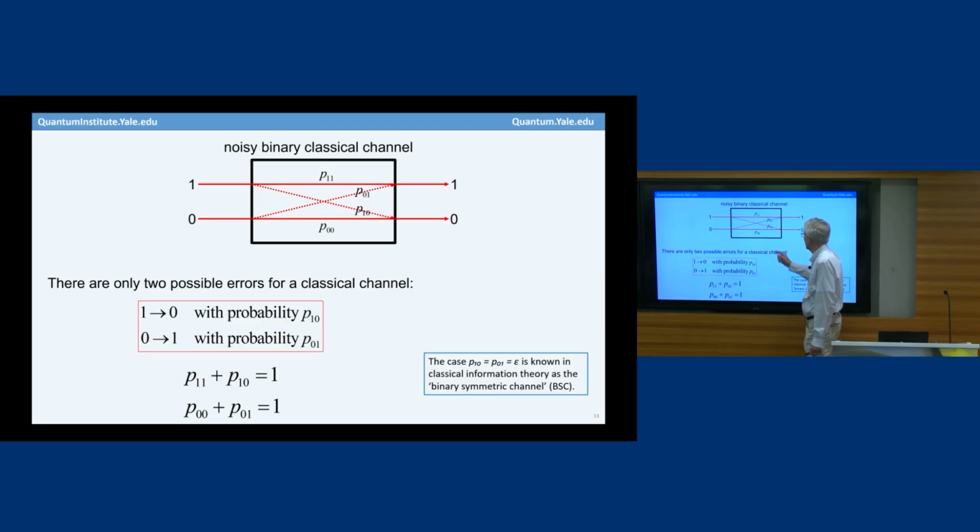And since a 0 has to come out as a 0 or 1, the sum of those two probabilities has to be 1. So there's really only two numbers you need to define the channel.